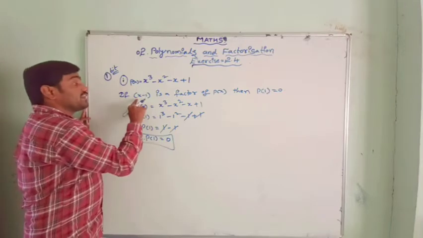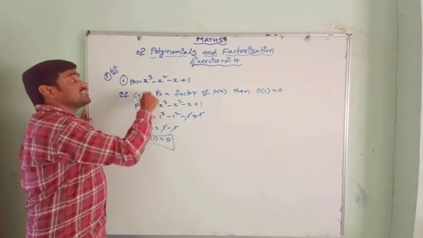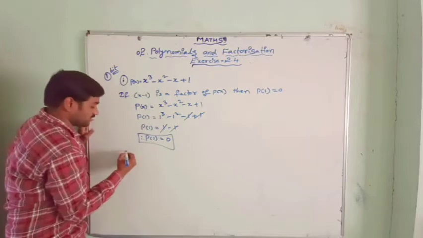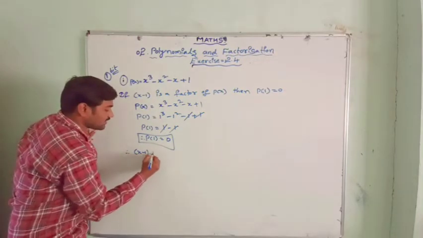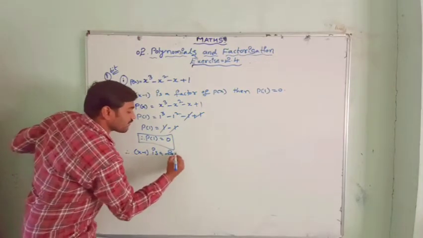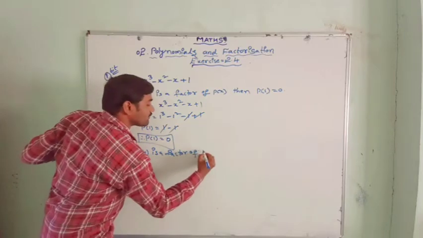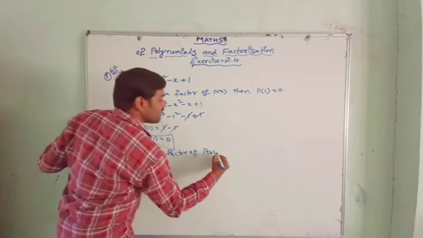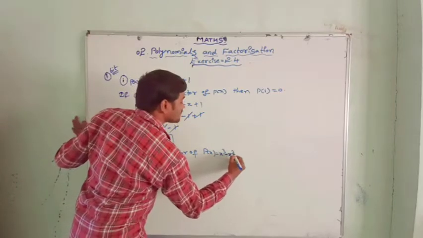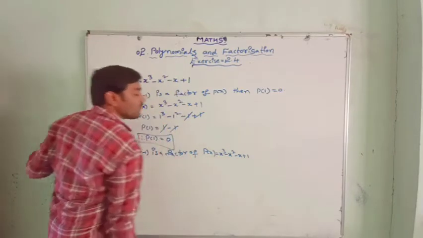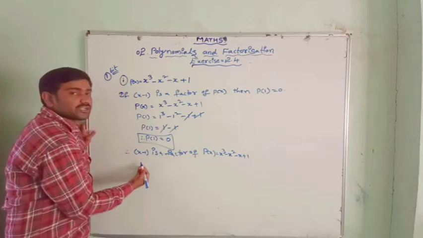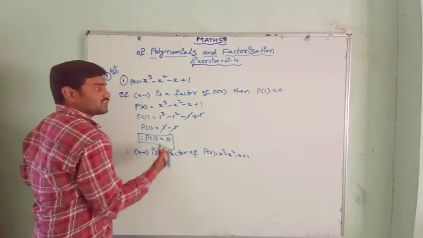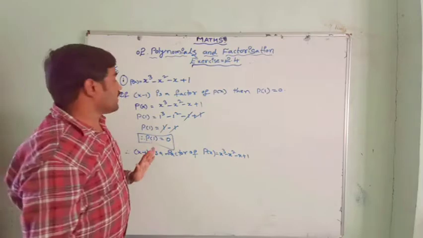In the sense, x minus 1 is a factor of p of x. Therefore, x minus 1 is a factor of p of x, which is the given polynomial x cube minus x square minus x plus 1, by using the factor theorem.